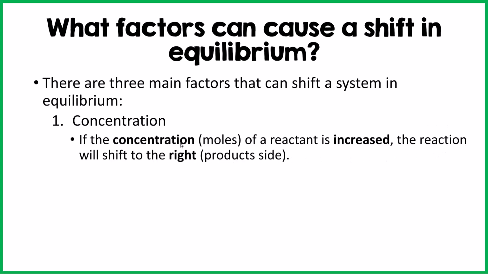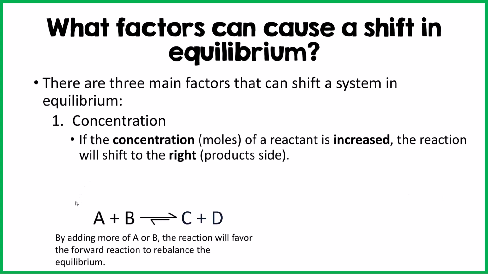So if the concentration or moles of a reactant is increased, the reaction will shift to the right, or the product side. So if we have two reactants here, A and B, and two products, C and D, if we add more of either A or B, these reactants are going to have a higher concentration.